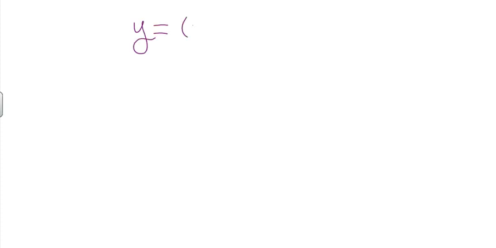Y equals... What kind of function is that? Linear, quadratic, cubic? Cubic. How do you know? Because there's 3 x's, right? So if we expanded that, we would end up with x cubed, blah, blah, blah, right?